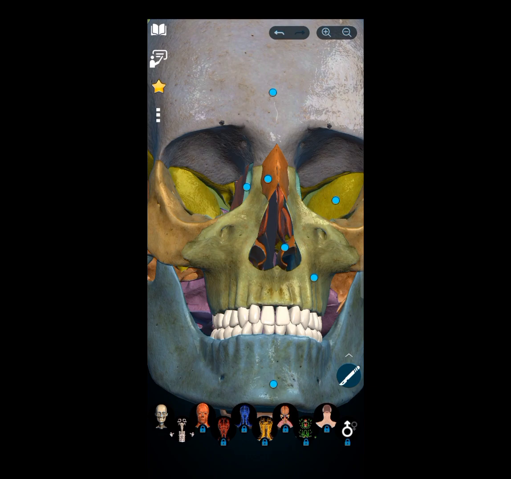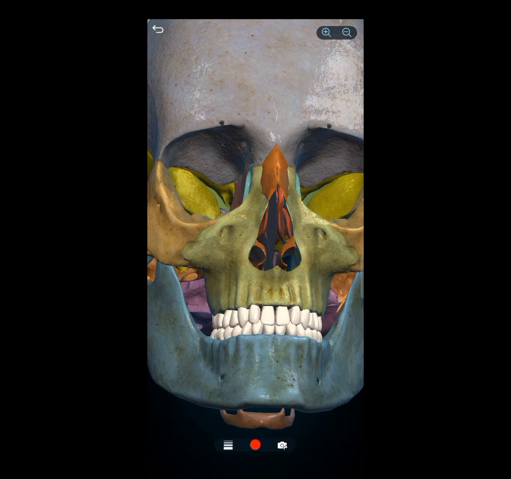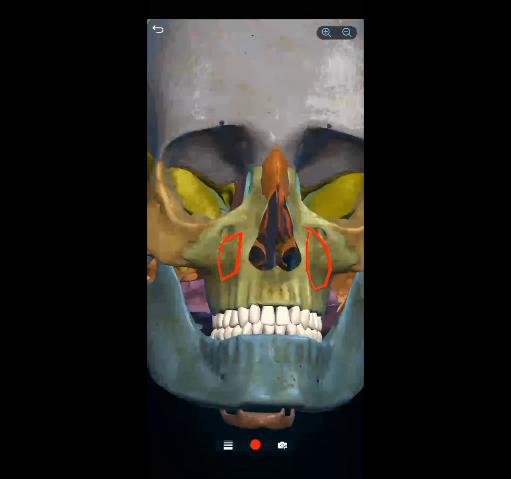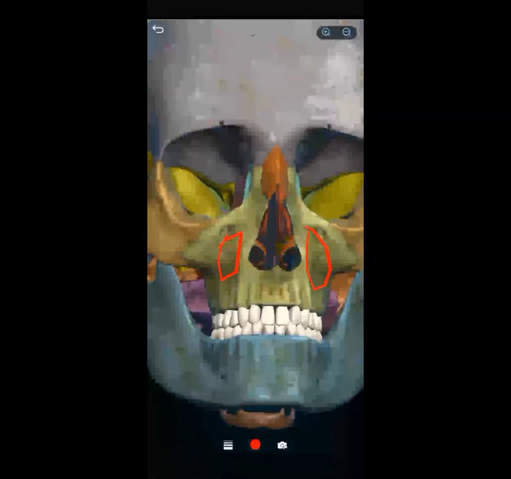These empty spaces are called maxillary sinuses. These maxillary sinuses are helpful in lightening the weight of the skull. They are also helpful in resonating the voice and making the voice heavier. These empty spaces or sinuses are lined by mucous membrane and contain air inside.